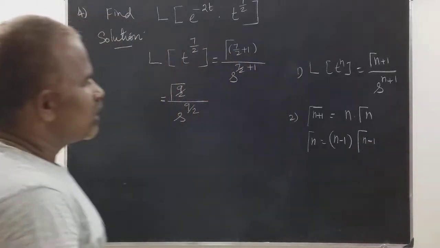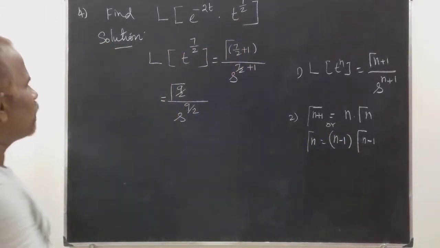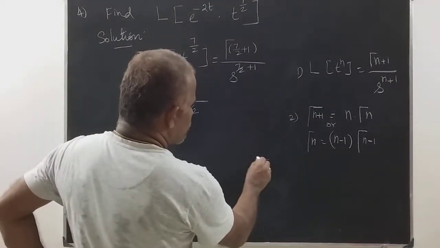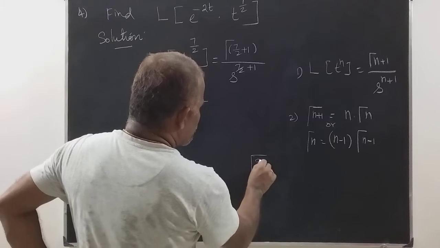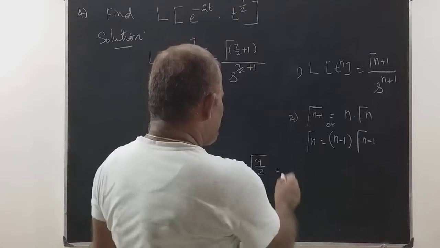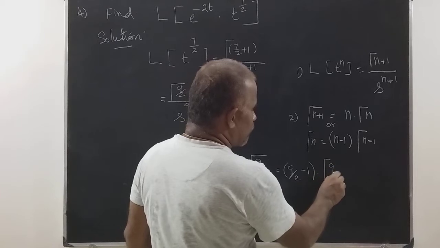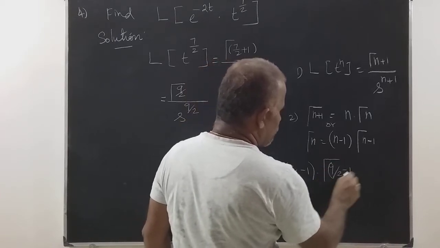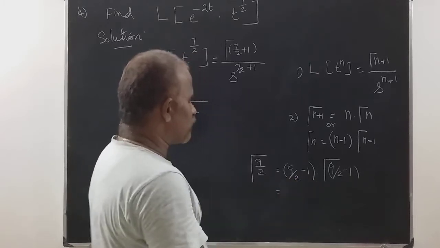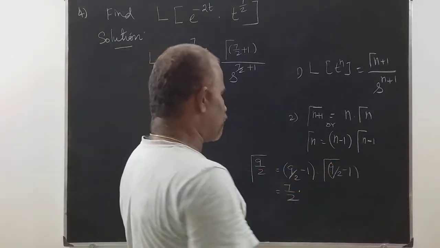Okay, so these are the results, and I am going to apply them. Gamma of 9 by 2 is equal to 9 by 2 minus 1 into gamma of 9 by 2 minus 1. So 9 by 2 minus 1 is 7 by 2, into gamma of 7 by 2.